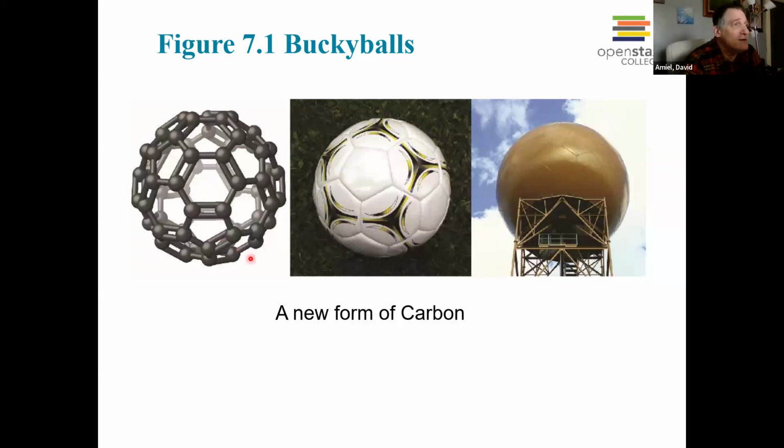They're in the news a lot. This is actually being researched as a kind of synthetic blood because it seems like human immune systems do not reject blood that contains buckyballs in it. Again, just another sort of cutting edge example of chemical bonding.